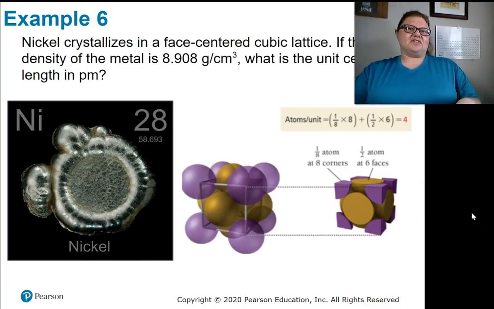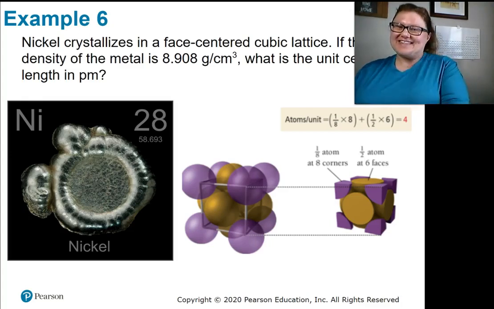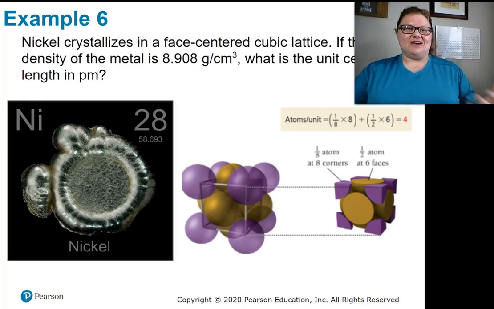The last two examples here, we're going back to the beginning topics of the chapter. I wanted to give you two more examples of how questions could be asked to not only help you with the homework, but to help you prepare for our quiz. So here's another example of what we can calculate with cubic structure. We have nickel, crystallizes in a face-centered cubic, so we're told the type.